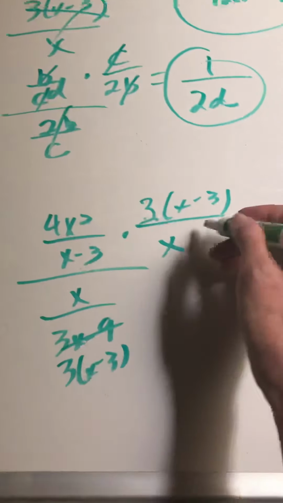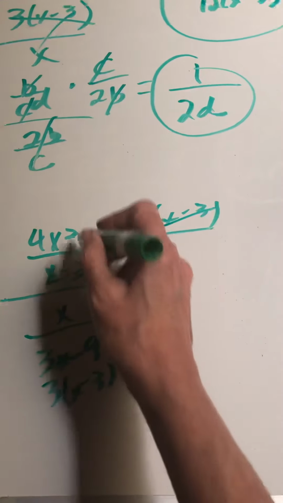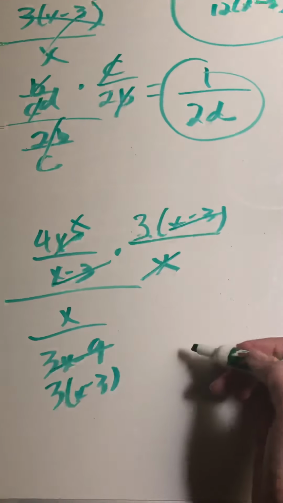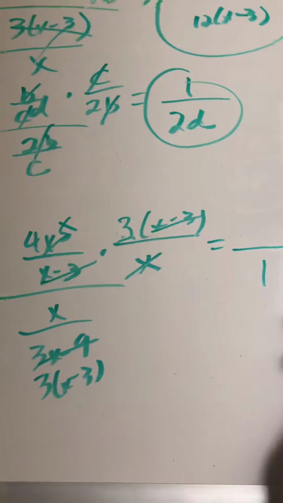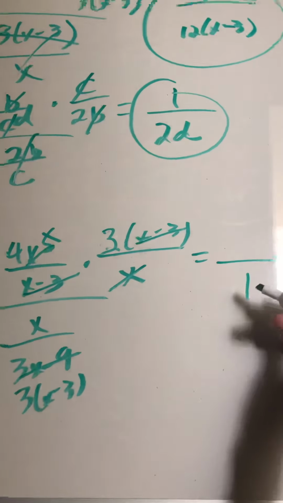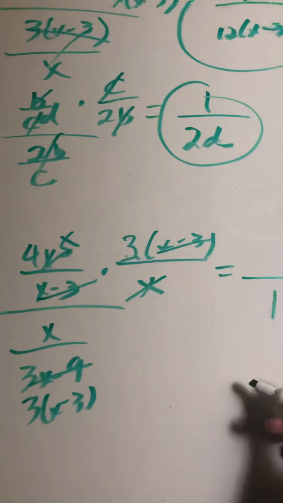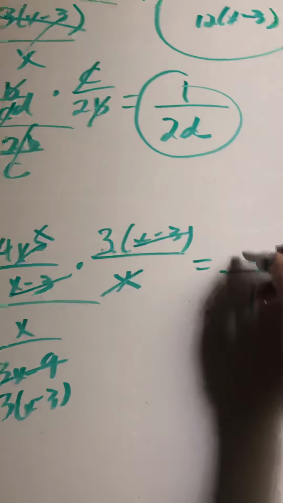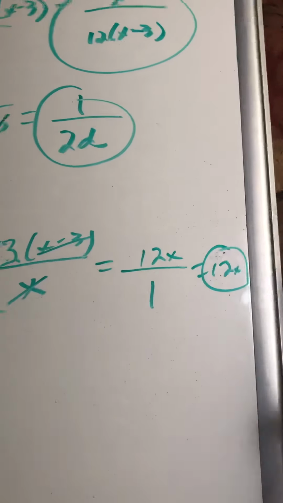Cancel what you can, which you should recognize the x minus 3's cancel, and that this x comes out of x squared and leaves an x. So I don't have anything left on the bottom. So you can put a 1 if you want to. You don't have to. Having a 1 left on the bottom, you don't have to put, but you do have to put a 1 on the top, okay? And then 4x times 3 is 12x. So you could just write this as 12x. That's C.